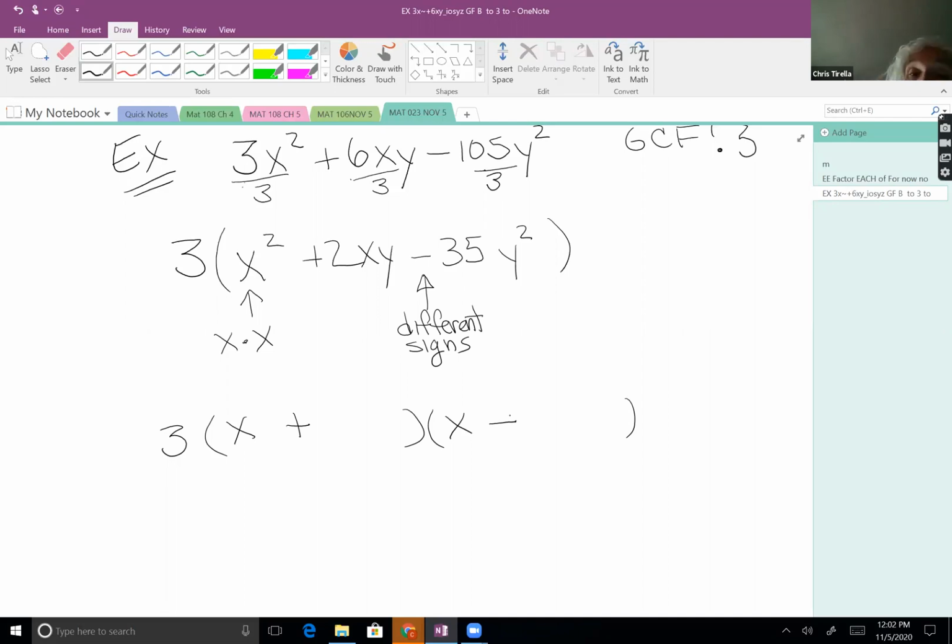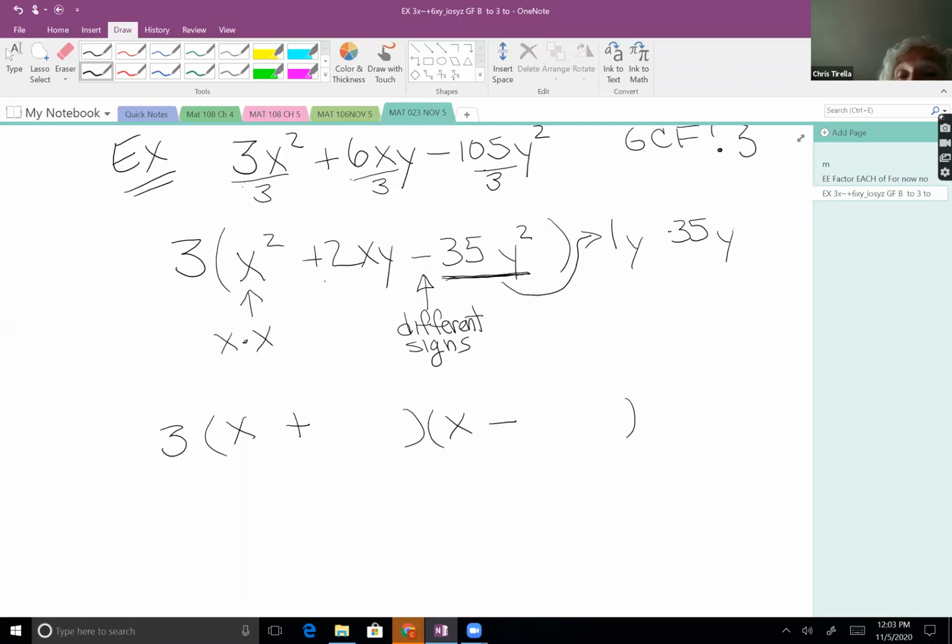Now, I'm going to look for things that don't just multiply to 35, but multiply to 35y squared. When we were making our list of multiples of that constant, first thing we did was we took 1 times 35. Because it's a y squared, I'm going to look at 1y and 35y. With different signs, will they ever add to 2?